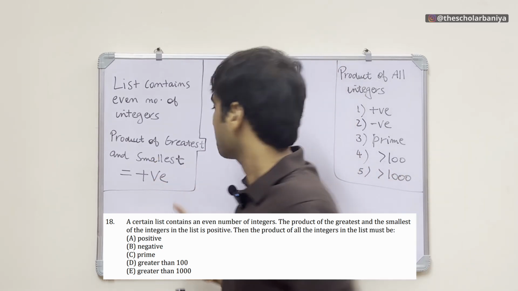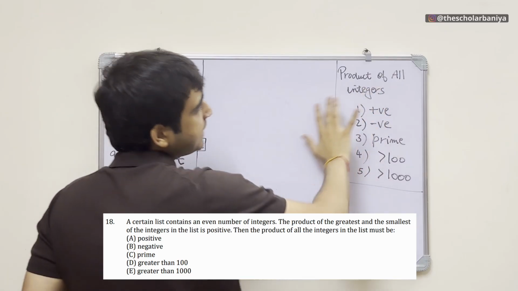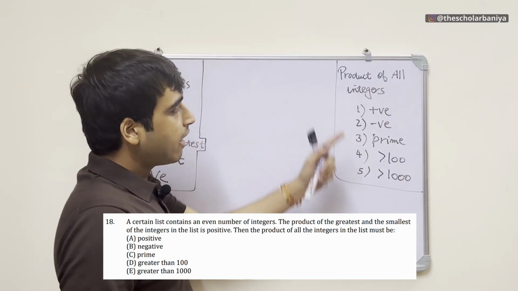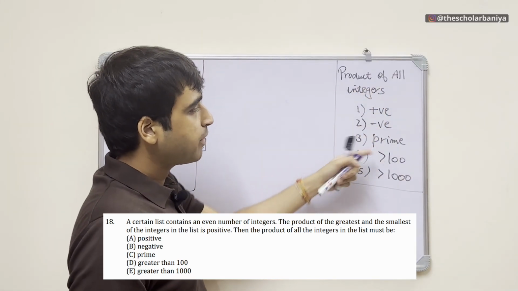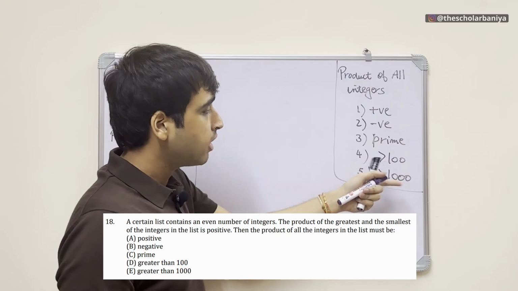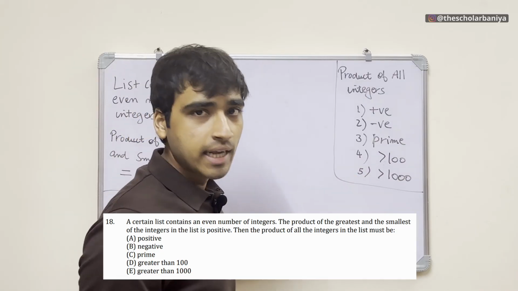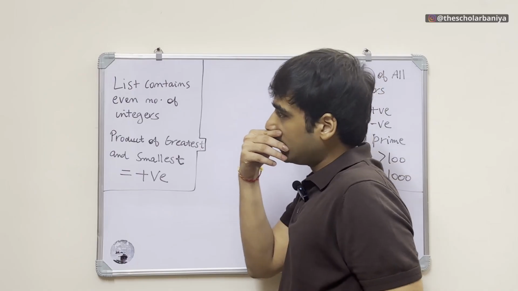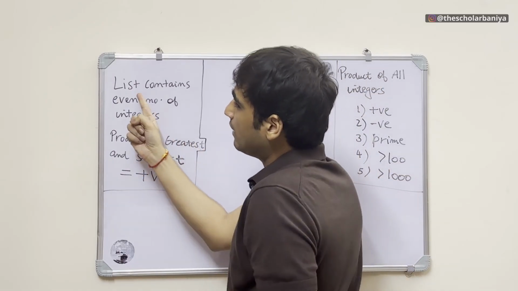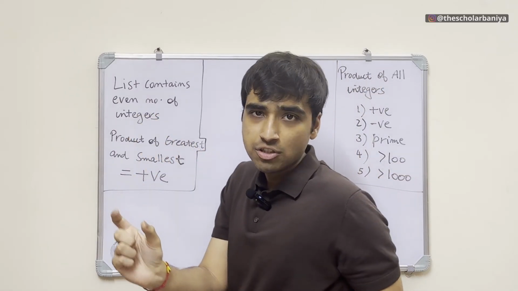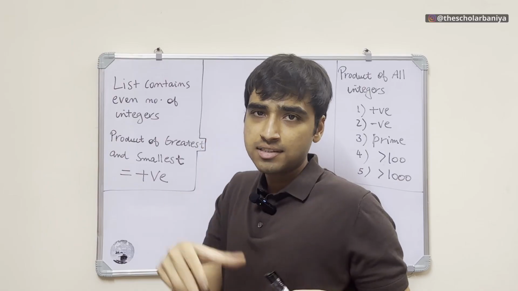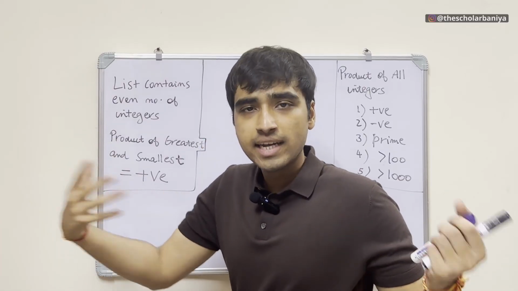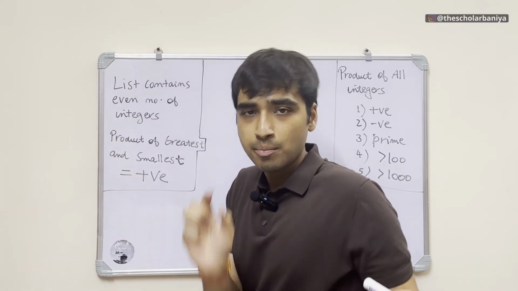So we know this. We have to find the product of all integers, and tell whether it's positive or negative or prime or greater than 100 or greater than 1000. So let's suppose we know that there are an even number of integers. There can be 4 integers in the list, 6, 10, 8, 100 integers, whatever, but even.